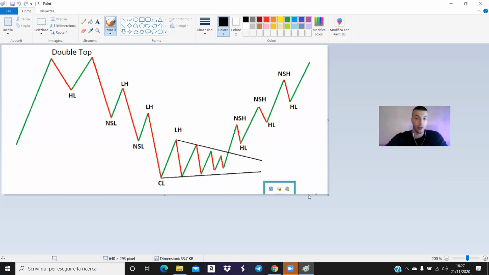In this case, in order to understand if we are bullish or bearish, we need to look at the highs and at the lows of the chart. So in this case, we have a low right here, a high right here, and finally lower low, lower high, lower low, lower high.